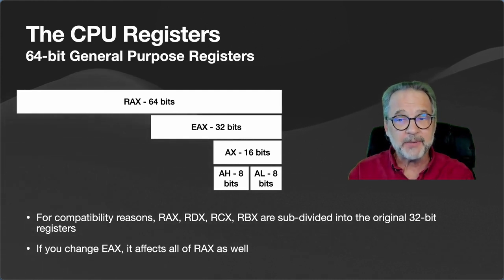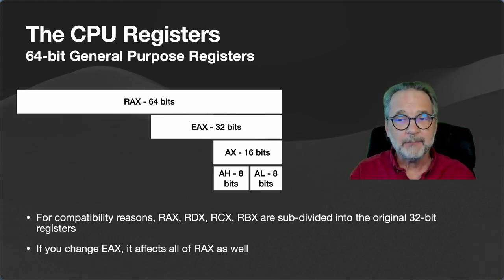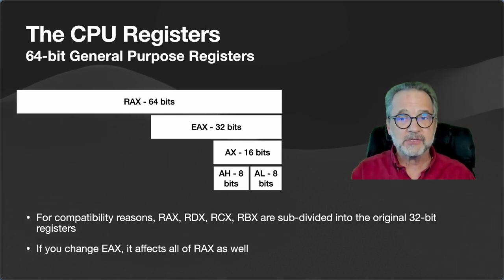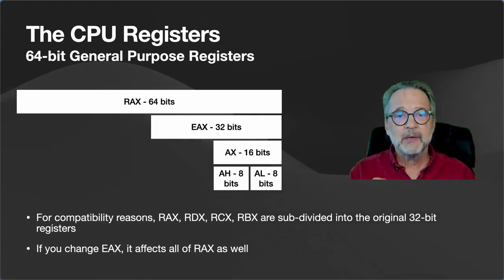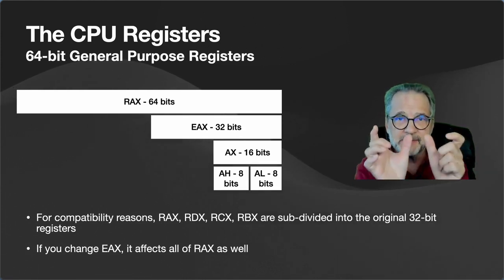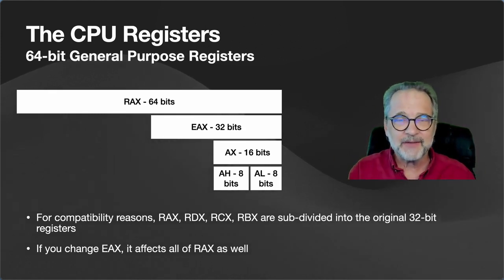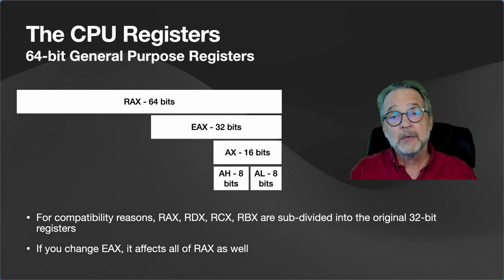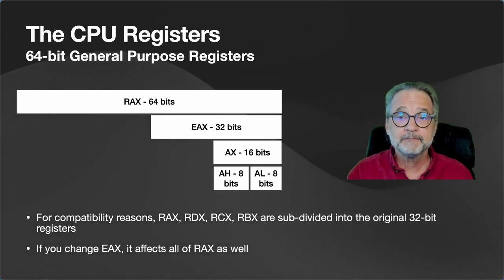The bottom 8 bits of AX is AL, just like in 32, and the upper 8 bits of AX is AH. Again, these are not separate registers, but they're sections of the larger register. They're named that way. And again, they did that for compatibility, and also so you might be able to have more registers if you're dealing with smaller data.